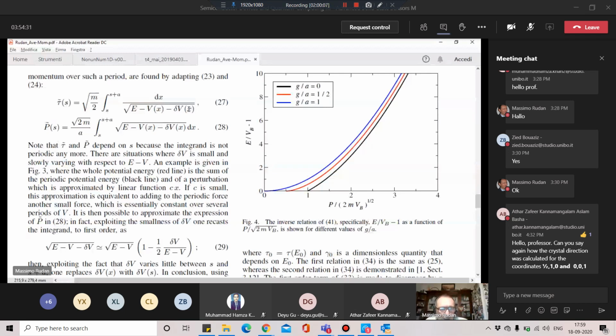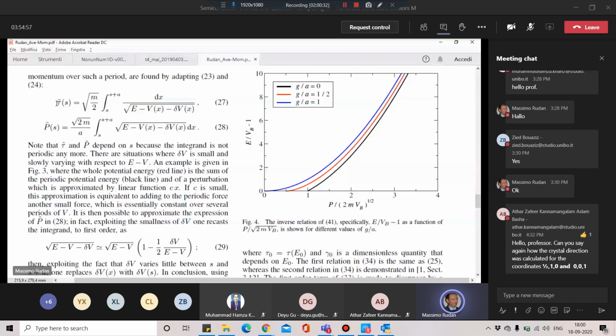So we call the average period tau with a tilde, and the average momentum is capital P with a tilde on it, okay? And since delta V is not periodic anymore, these integrals depend on position S, okay?